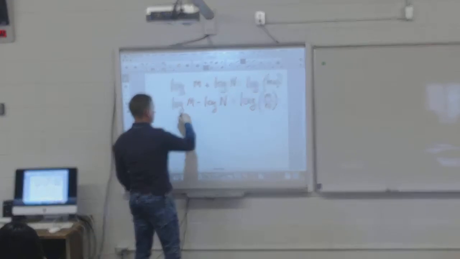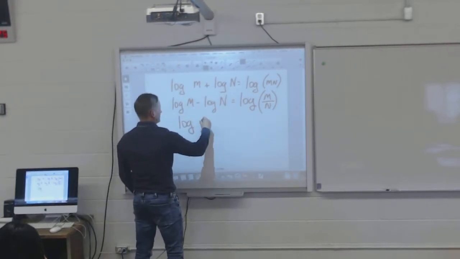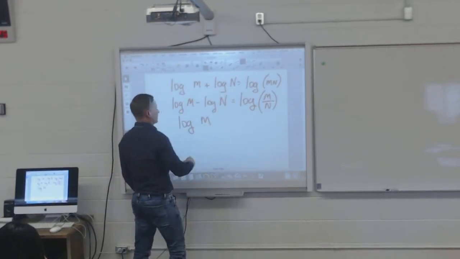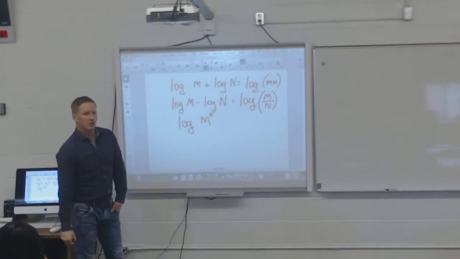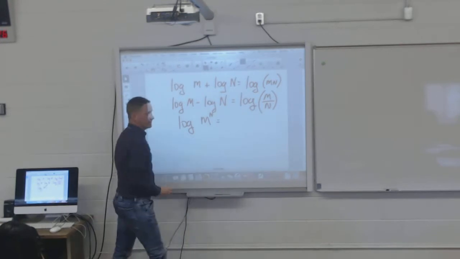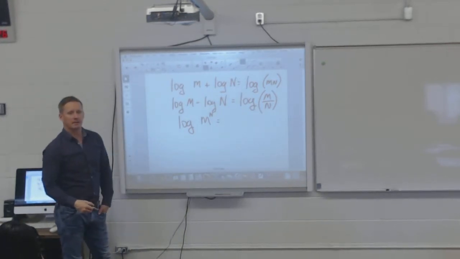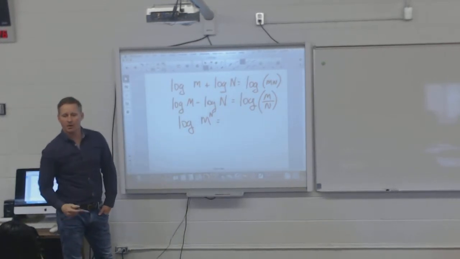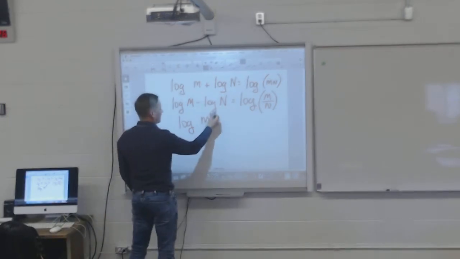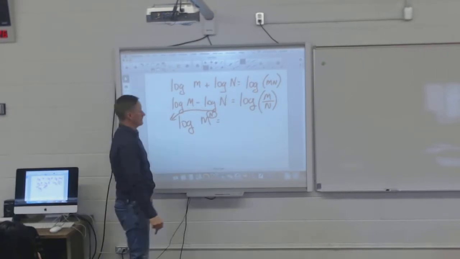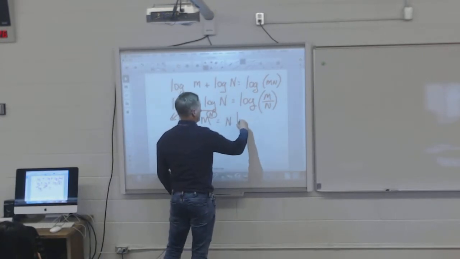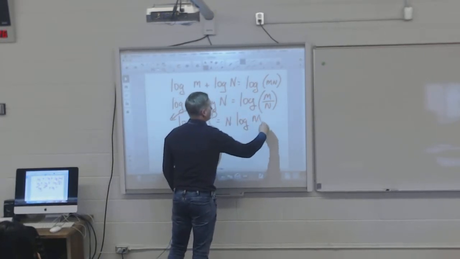All right, so this one is new to us. We've done this, but it's kind of like the power to the power one. So what do I do? Take that exponent and I move it to the front. So I get n log m.